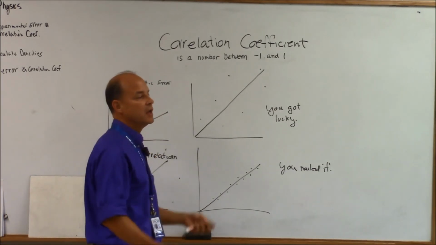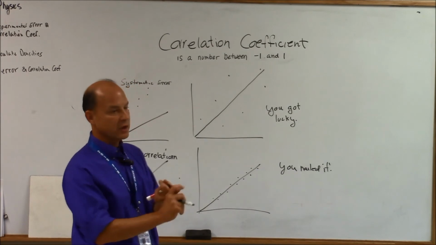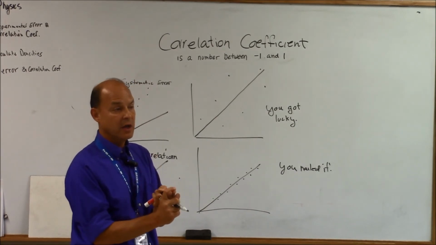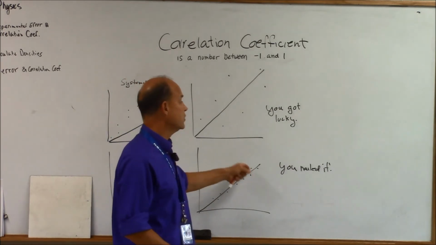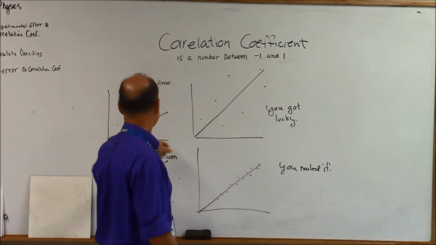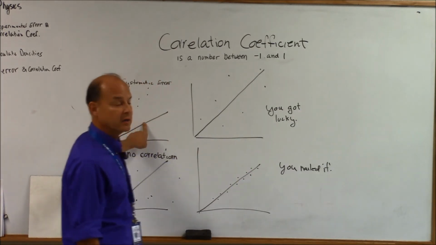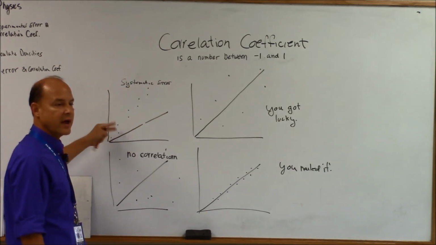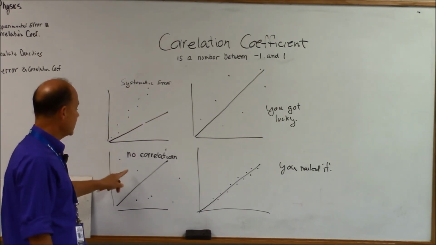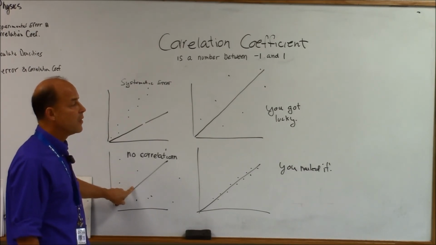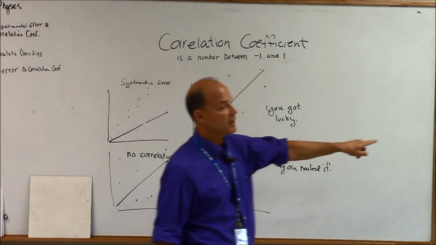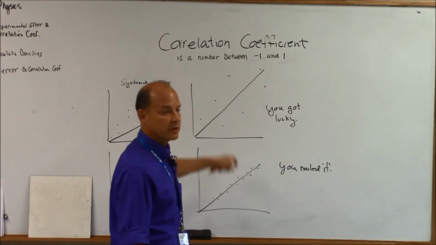When you look at your data, you're going to be able, by using the correlation coefficient and your experimental error, to definitively say whether you nailed it, whether you got lucky, whether there was some systematic error. This can also happen if you invert your axes, and/or whether there's no correlation at all. And tomorrow we're going to look at your data, and you'll be able to determine it.